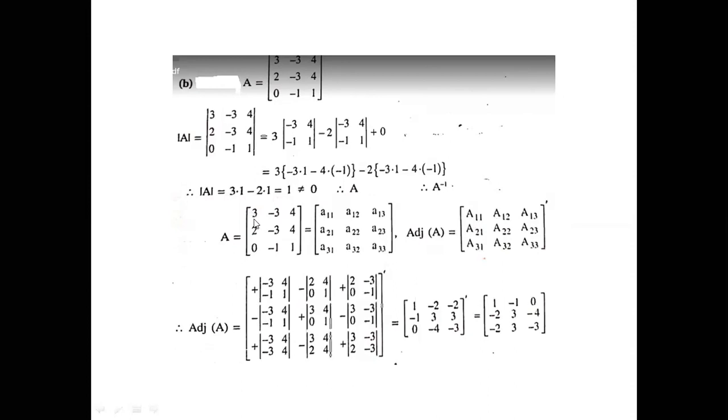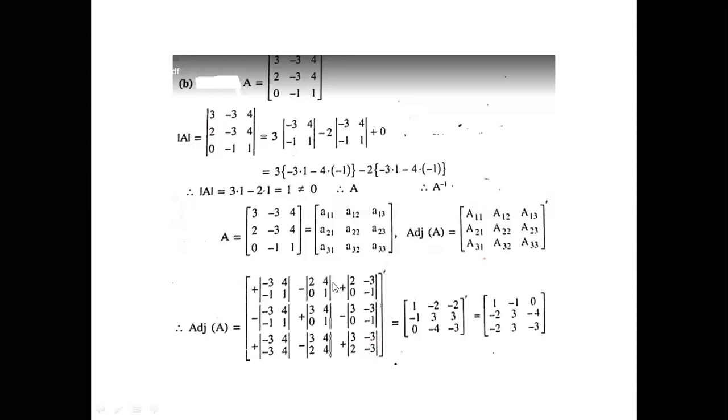The cofactor of 3 is found by cancelling out this row and this column. What remains is minus 3, 1, minus 1, 4, 1. Again, the cofactor of minus 3: we cancel out this column, this row: 2, 4, 0, 1.